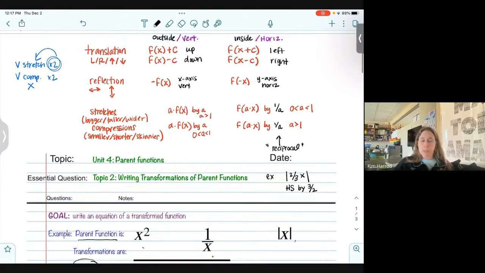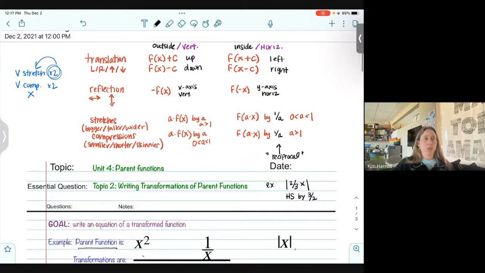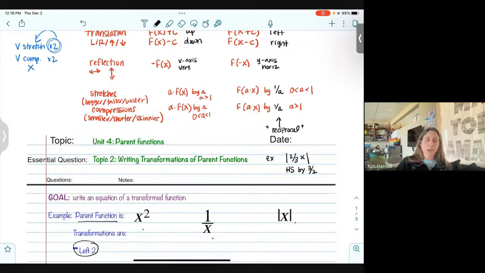So I'm going to come to my notes and I'm going to find where I wrote left as a direction. So I'm seeing that I identified left here, and the key feature of a left was that I was going to use a plus sign by however much I wanted to go left, and I was going to put that plus sign inside the function. Now, sometimes that's easier than others.